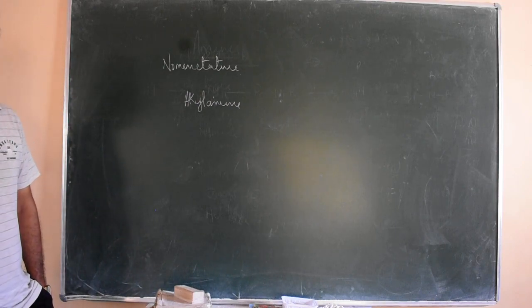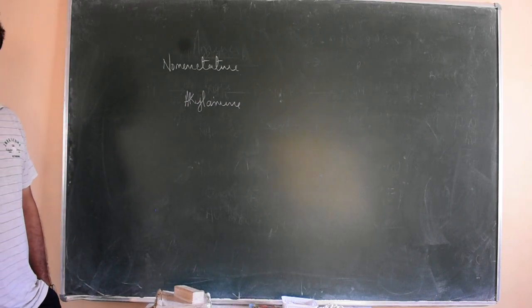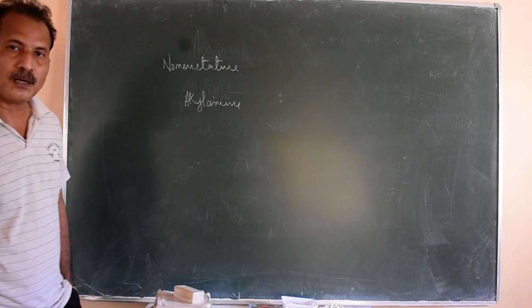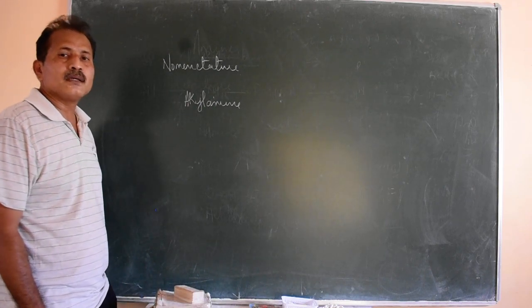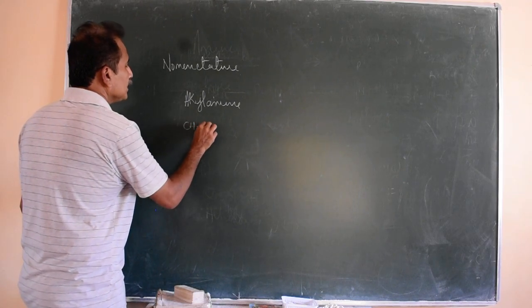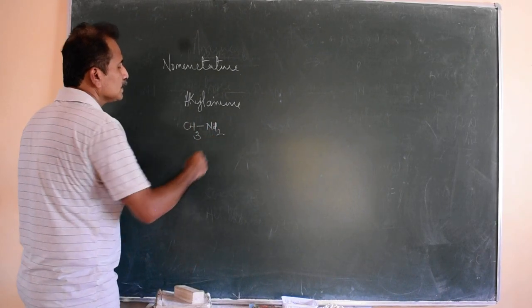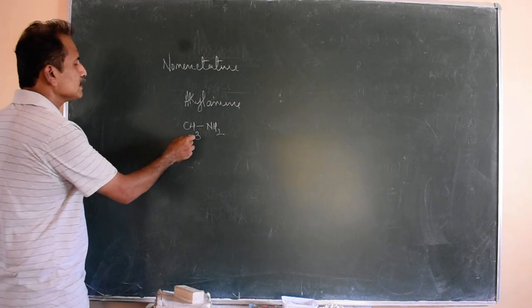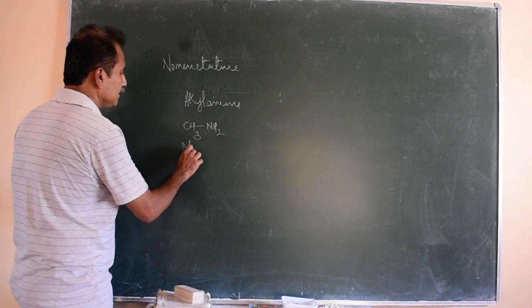So we have to add the prefix alkyl to the word amine to name the amine. For example, CH3-NH2 can be named as methyl amine.